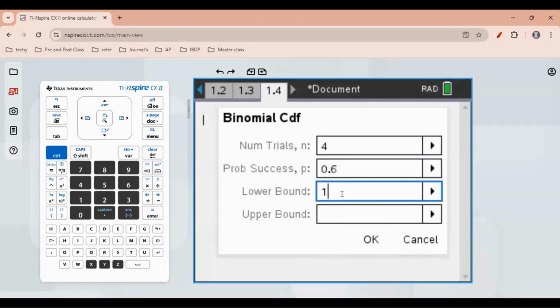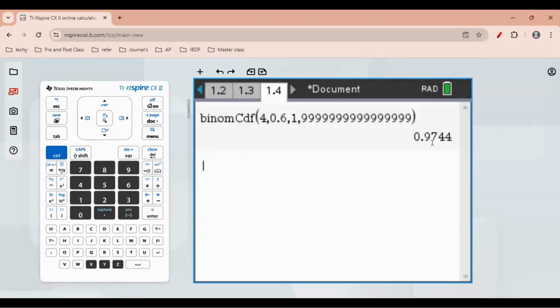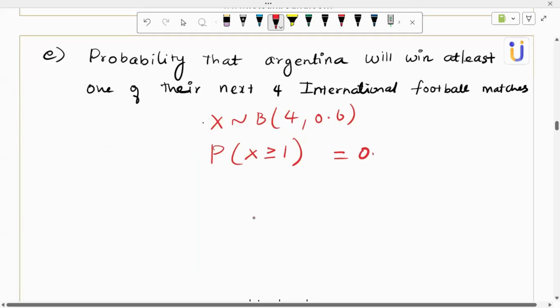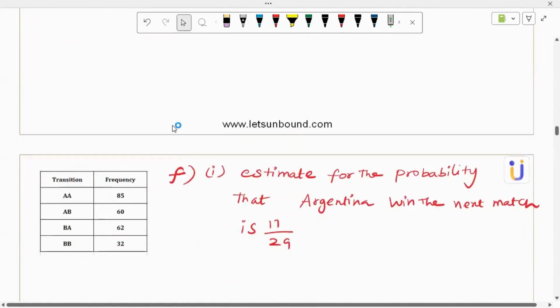Lower bound is 1 and upper bound is infinity. You give a very big number, just put a lot of 9s. And I got 0.9744. That's simple. We got the probability. Let's switch to the solution page. So I got for this 0.9744. That's pretty easy. And moving to the next part.